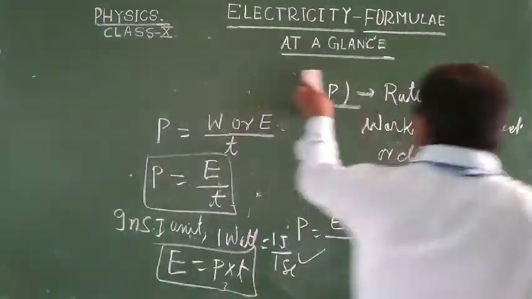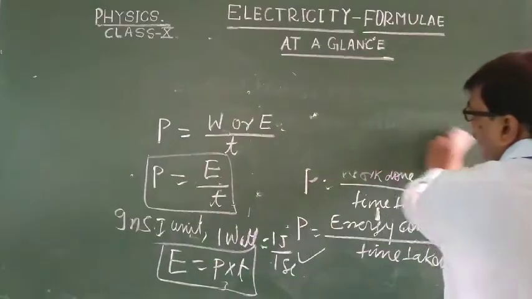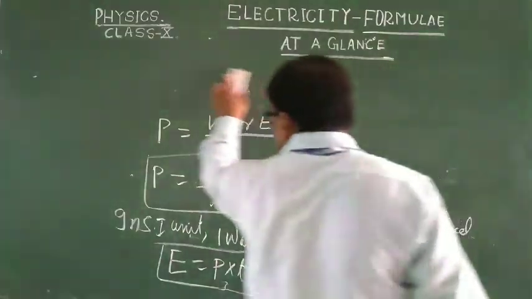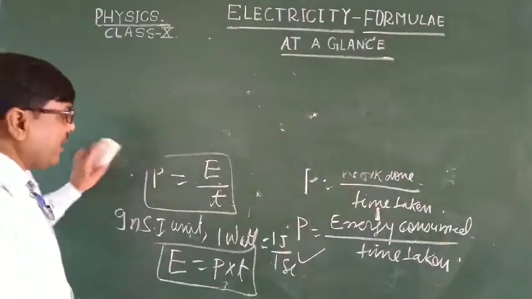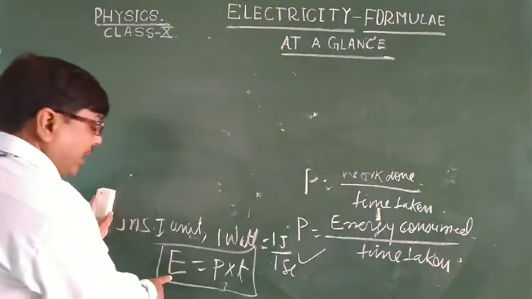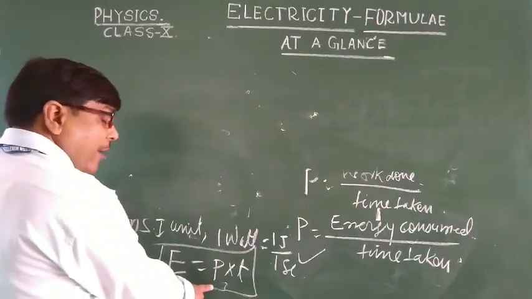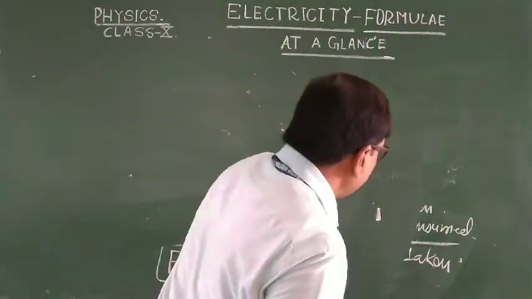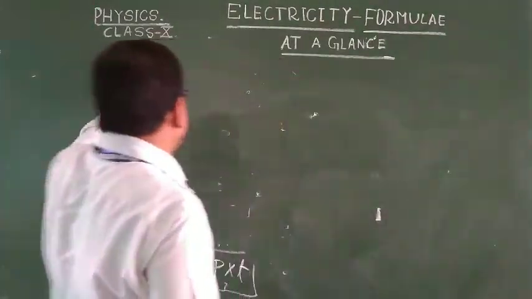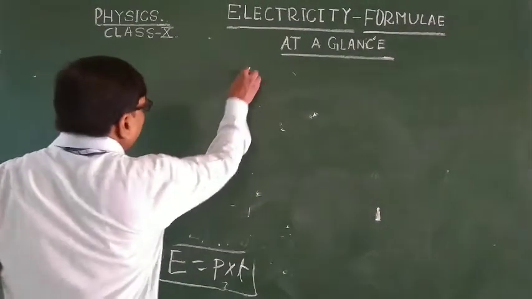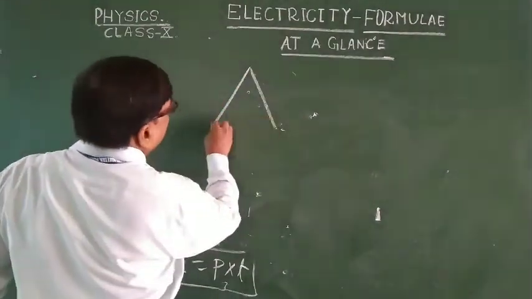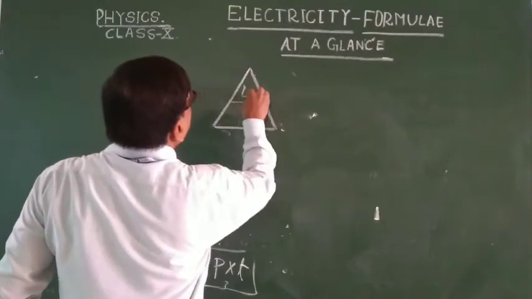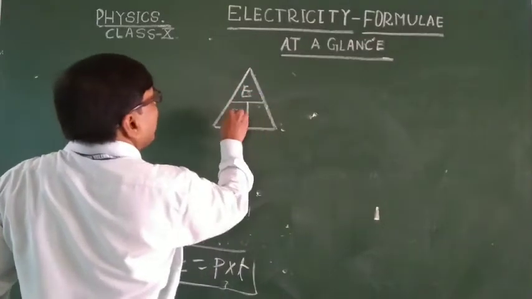How can we remember this with the help of a diagram? Electrical energy depends upon power and the time for which the energy is used. In this diagram, we have electrical energy E, power P, and time.